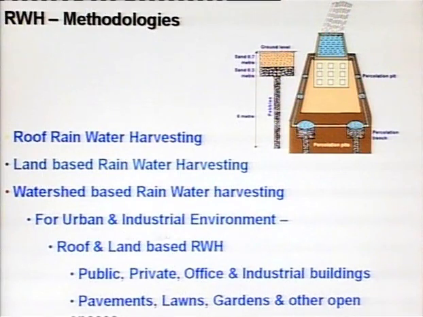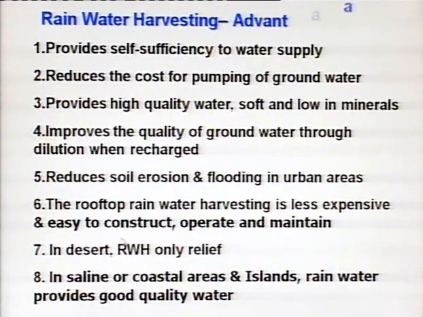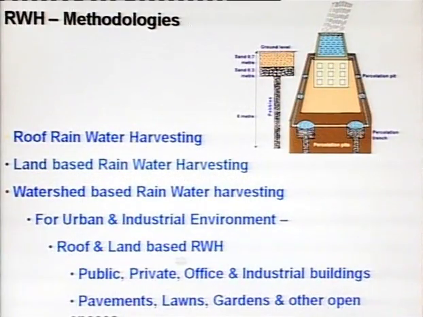For urban and industrial environments, you can use roof and land based harvesting. For this, public, private, office and industrial buildings are used for the collection of rainwater.